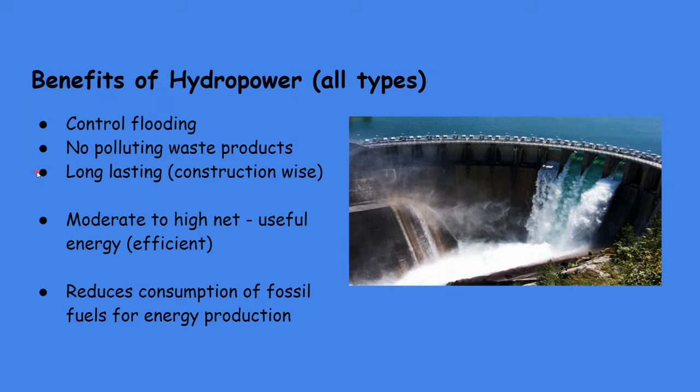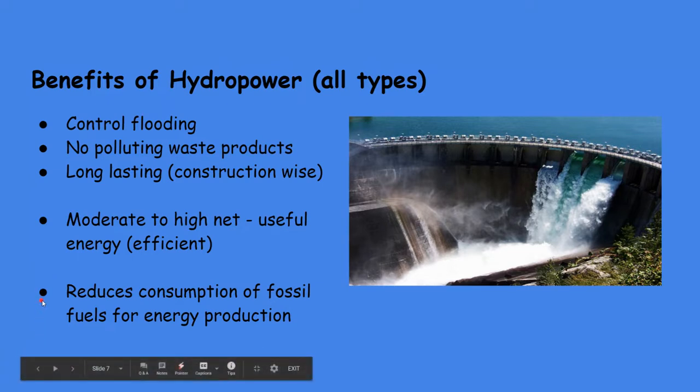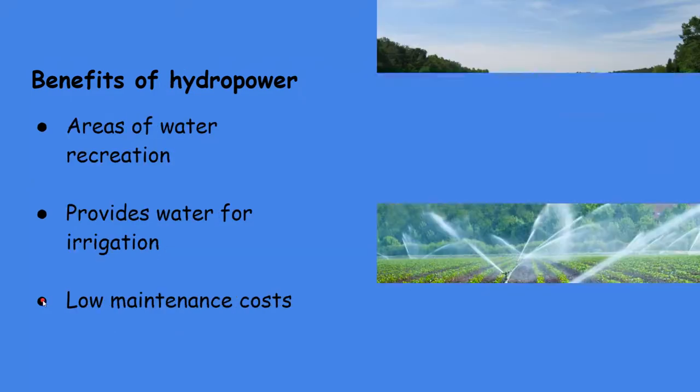But as you might recall from our discussion assignments or our town hall meetings before, there could be problems, right? But it does last a long time. And it's also very efficient, with moderate to high net useful energy. So it's very efficient in terms of the input versus output. And it reduces the consumption of fossil fuels for energy production because it's not burning anything.